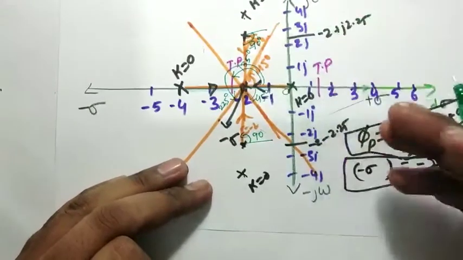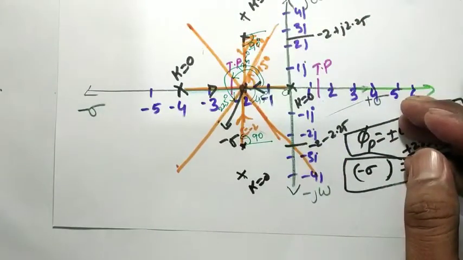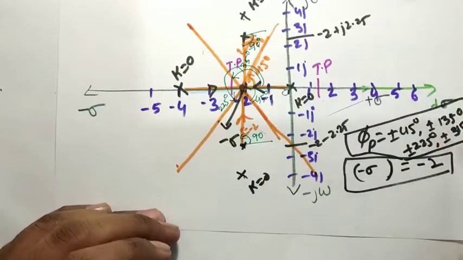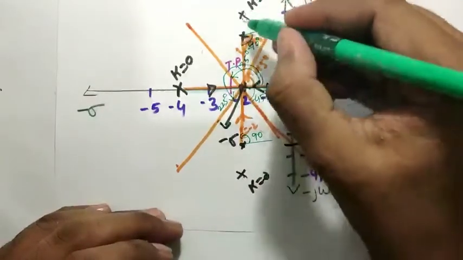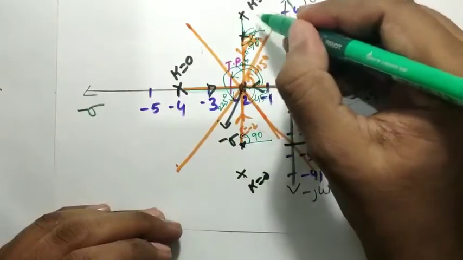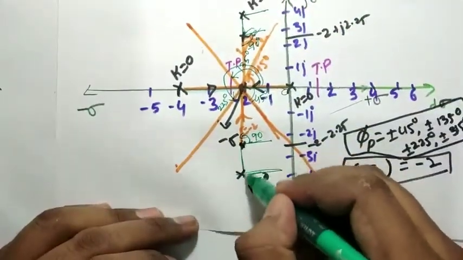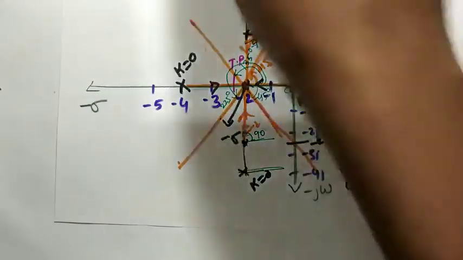So you already found the breakaway points, and also you will find the asymptotes. You just see where the breakaway point is in this. Your breakaway point is, sorry, here I am supposed to write here. This is here, and here also, not here.